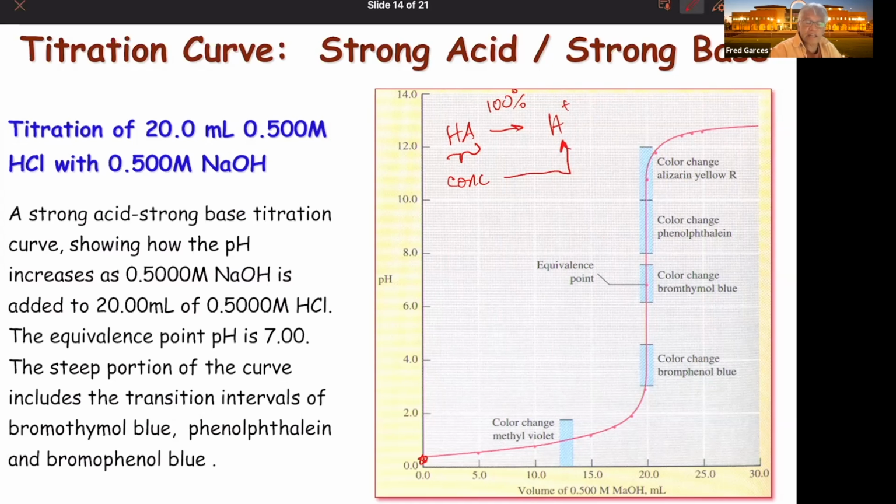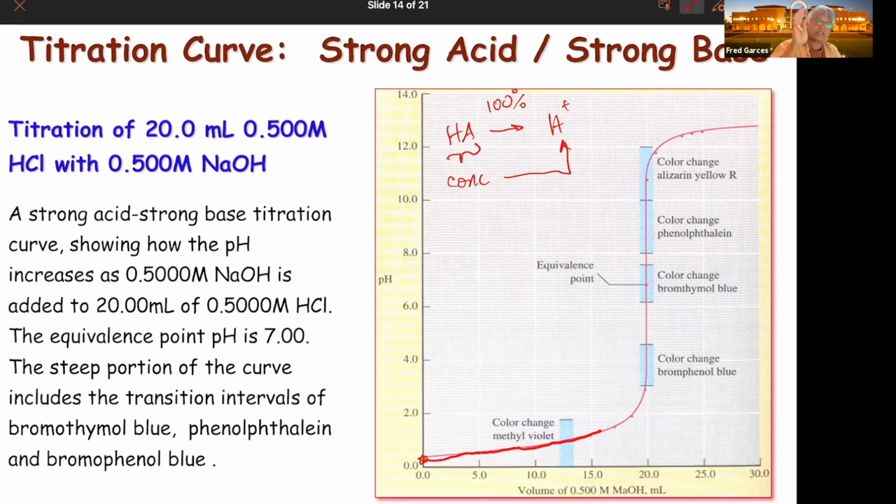All you've got to do is take the negative log of that and you get the pH. Okay, so that's basically what is happening for a strong acid, strong base situation. As you add titrant, as you neutralize it, pH really isn't going to change that dramatically. It'll slowly go up because you're neutralizing some of that acid.